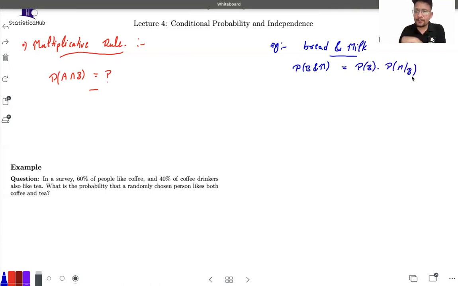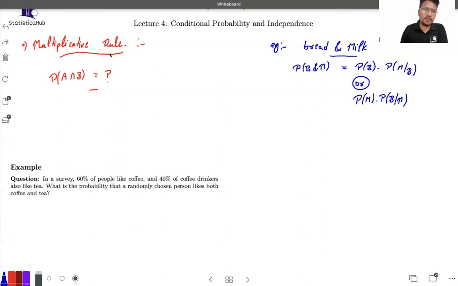That is one way. Or the other way: maybe I have the milk first, so probability of milk times probability of taking the bread given that I already had the milk. I have written the word 'or', and that is a very important concept. You can't say both things happen simultaneously. Either you have the bread first or the milk first. Then only do you apply the conditional probability.